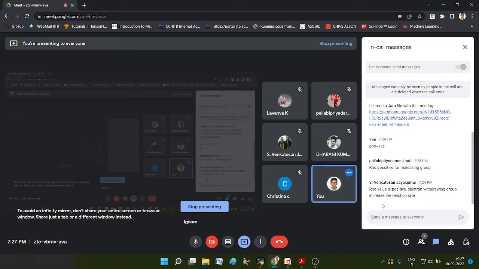So Venkatesh, you have written rho value positive, electron withdrawing group increases the reaction rate. Now, if I ask you, let's say there is an electron withdrawing group NO2. So imagine I have an NO2 group. How do you think it will increase the reaction rate? Pallavi has answered rho positive for releasing group. Can you justify, Pallavi, how the rho value will be positive for releasing group?